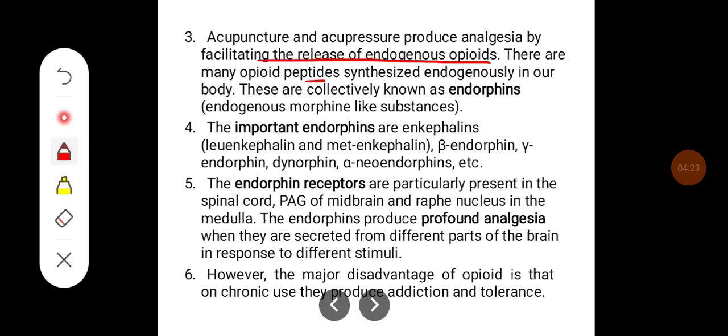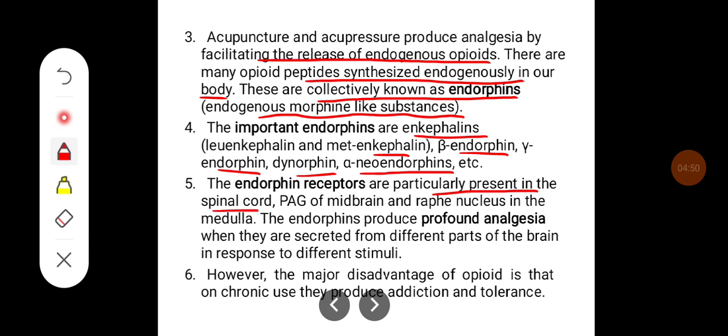There are many opioid peptides synthesized endogenously in our body, and these are collectively known as endorphins, that is endogenous morphine-like substances. The important endorphins are the enkephalins, that is leu-enkephalin and met-enkephalin, beta endorphin, gamma endorphin, dynorphin, and alpha neoendorphin, etc. The endorphin receptors are particularly present in the spinal cord, PAG of the midbrain, and raphe nucleus in the medulla.